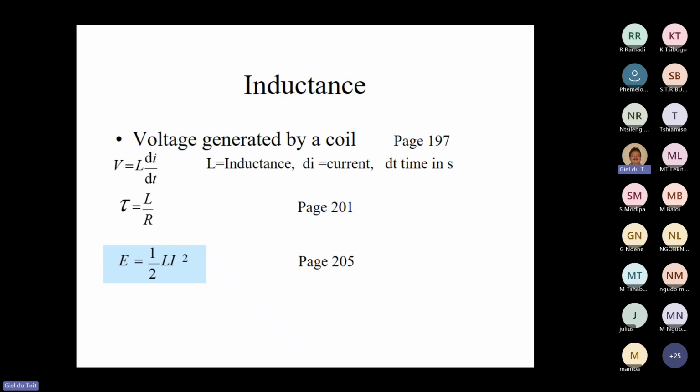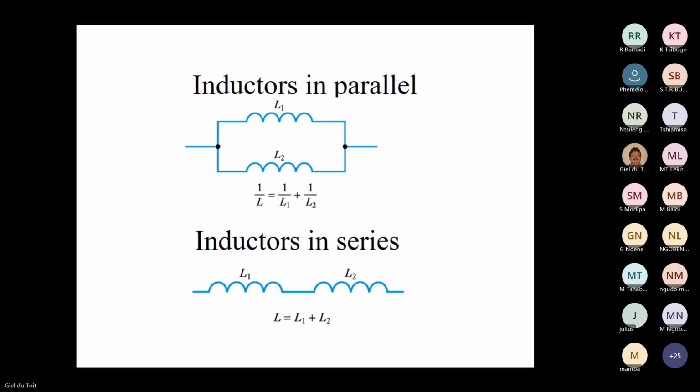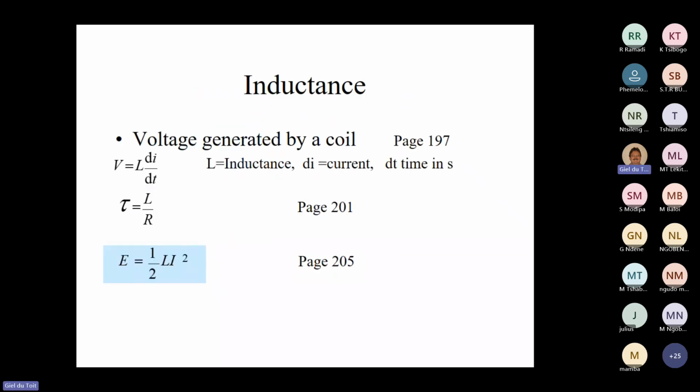So it's very similar, but for an inductor, the time constant equals inductance divided by the resistance. For example, if I have a 1 Henry inductor and a 1 ohm resistor in series with it, my tau will be 1 second in this case. This formula is shown on page 201 in the handbook.